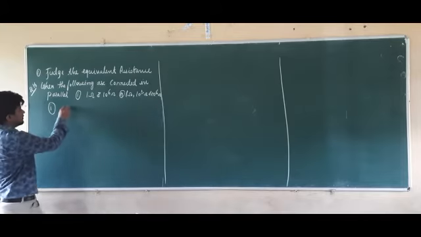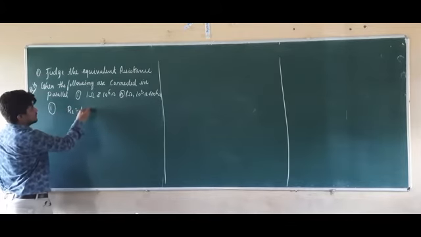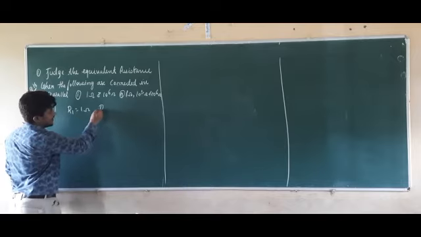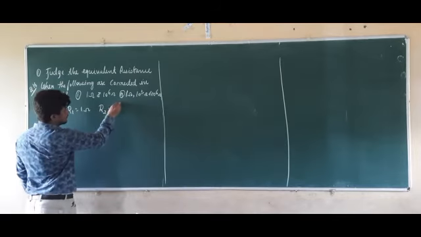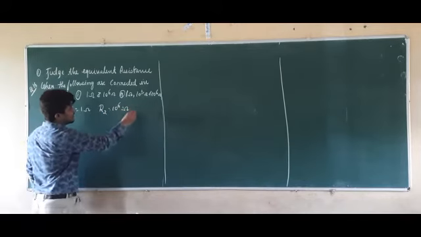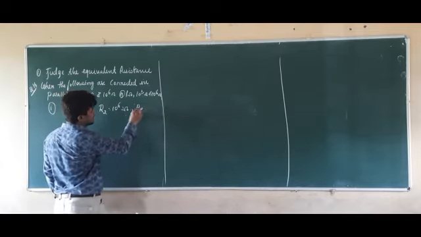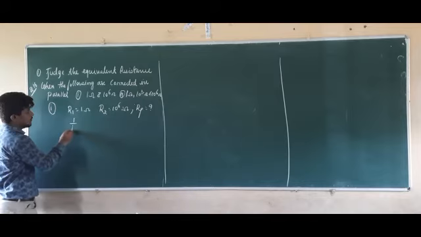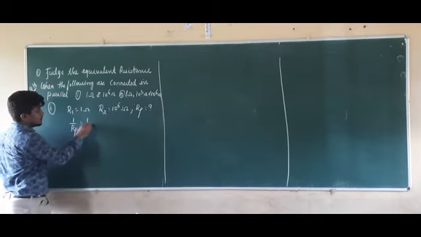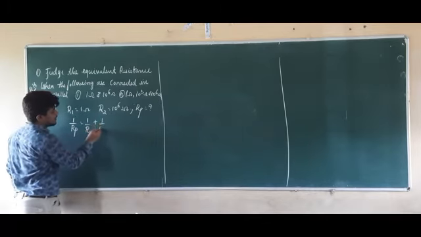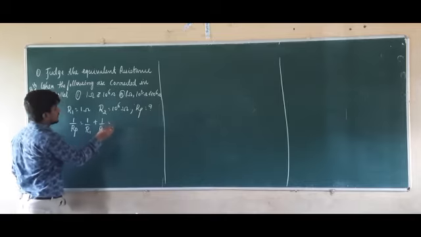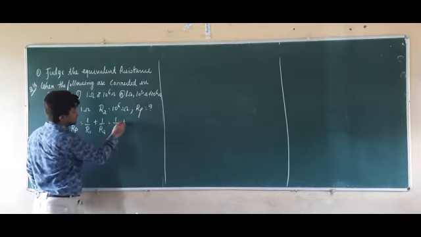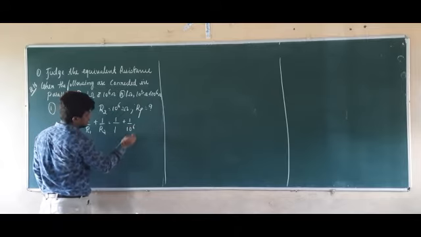Let R1 equal 1 ohm and R2 equal 10 raised to 6 ohms. Now we have to calculate RP. We know by the formula that 1 by RP equals 1 by R1 plus 1 divided by R2, so that is 1 divided by 1 plus 1 divided by 10 raised to 6.